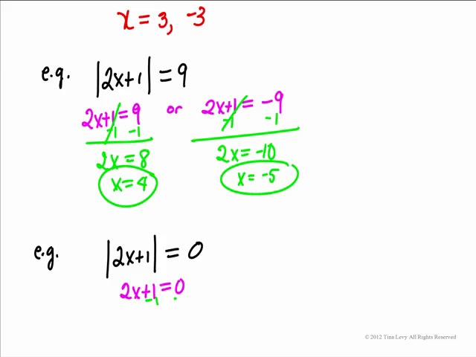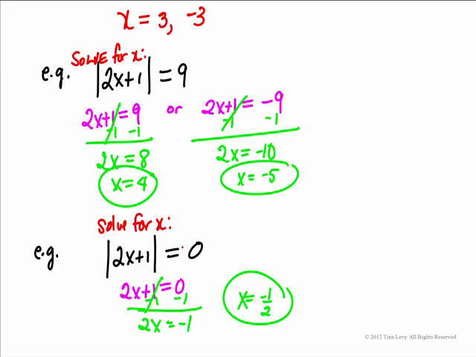And then we subtract 1. We get 2x is negative 1. Dividing by 2, x is negative a half. So solving this absolute value equation, we only get one answer because there's no such thing as 0 and negative 0 being different. So in all of these, we're solving for x. In most cases, we're going to get two values. Here, when it's 0, we get 1.